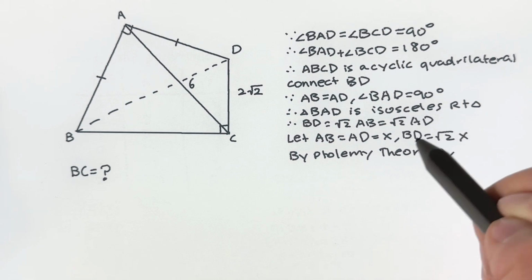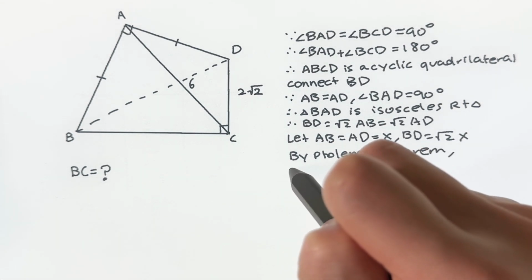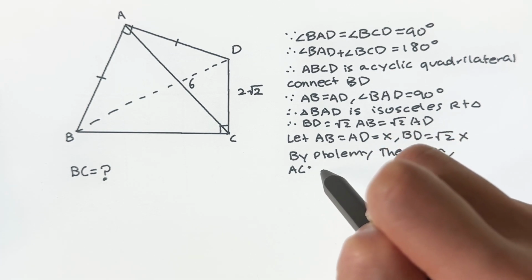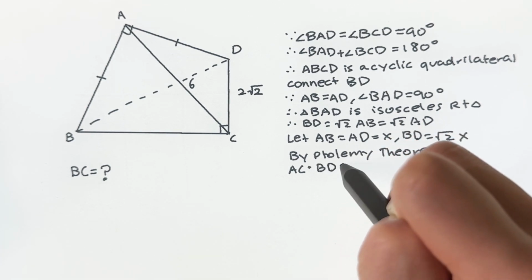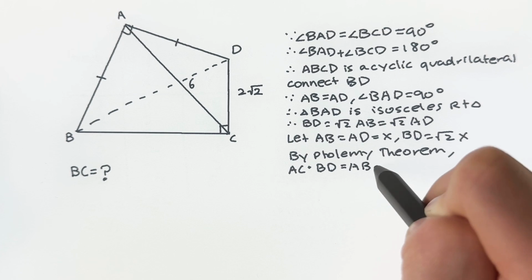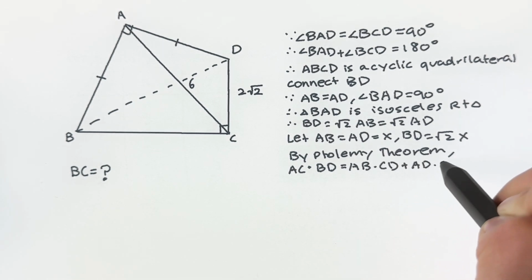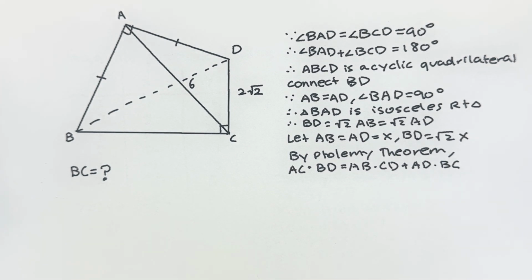By Ptolemy's theorem, we have AC times BD equals AB times CD plus AD times BC. If you want to know more about the proof of this theorem, you can check out my other video on my channel on the proof of Ptolemy's theorem.